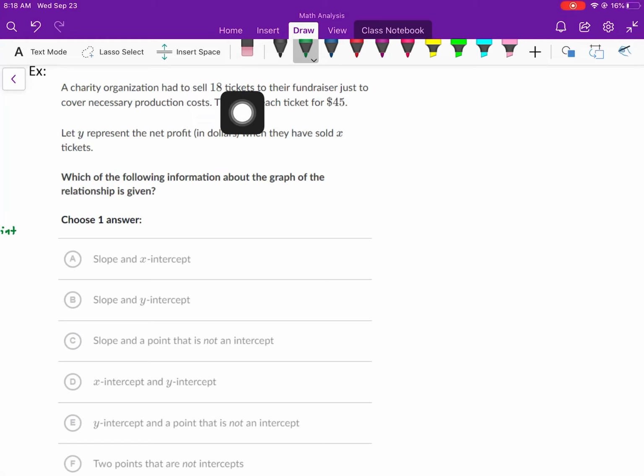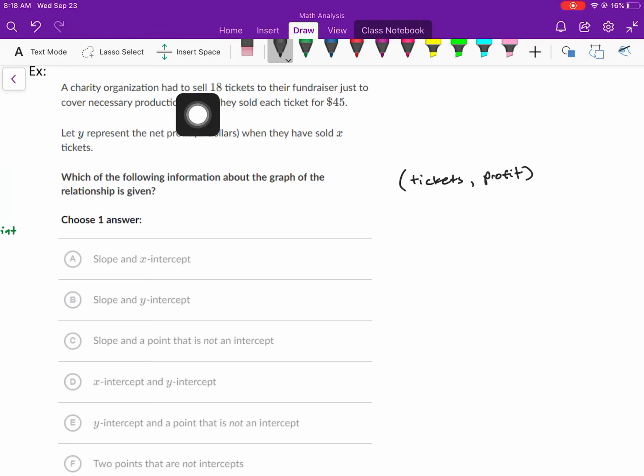Let's look at this one. A charity organization had to sell 18 tickets to their fundraiser just to cover necessary production costs. They each sold a ticket for $45. Let y represent the net profit when they have sold x tickets. So x is the number of tickets, and y is the profit.